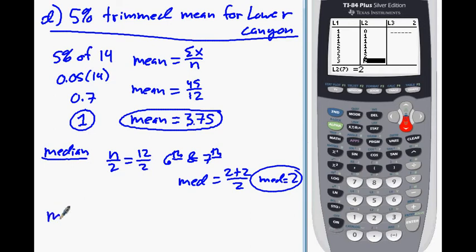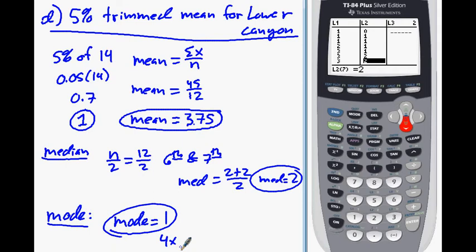And the mode, of course, before the mode was 1 because it occurred 4 times. We haven't really changed that. So here the mode is still 1, which still occurs 4 times.